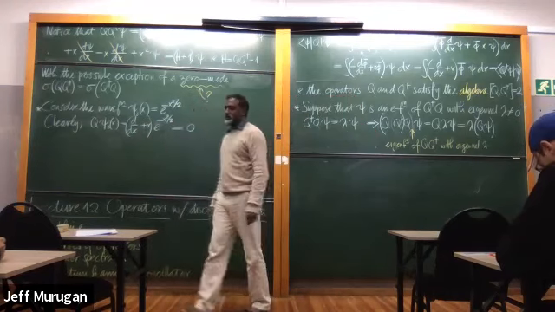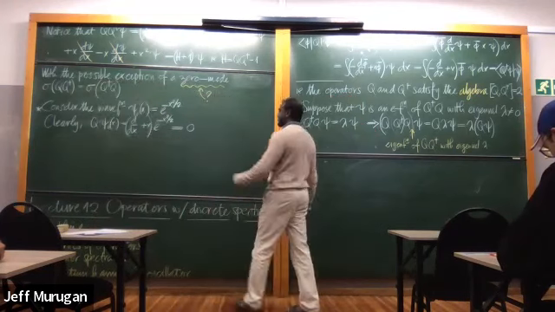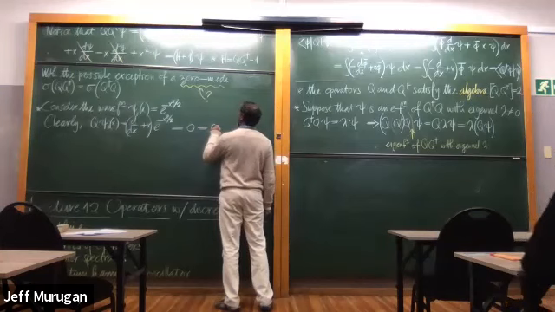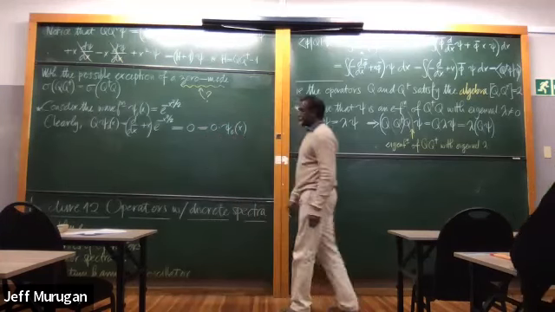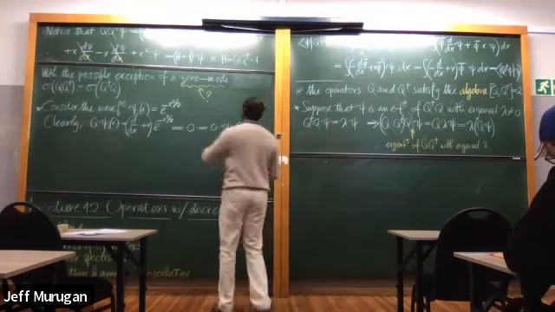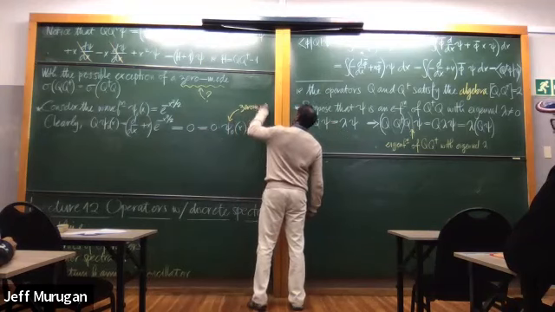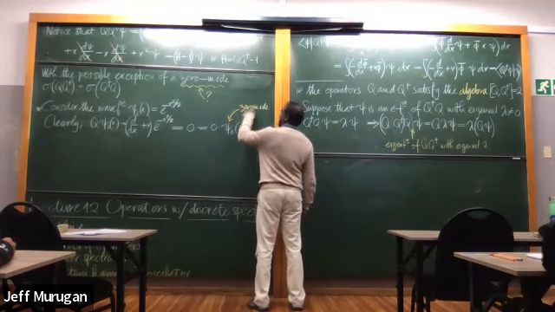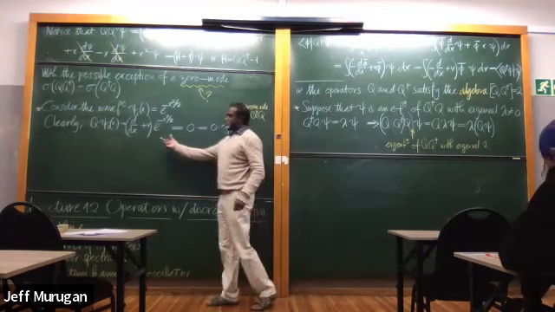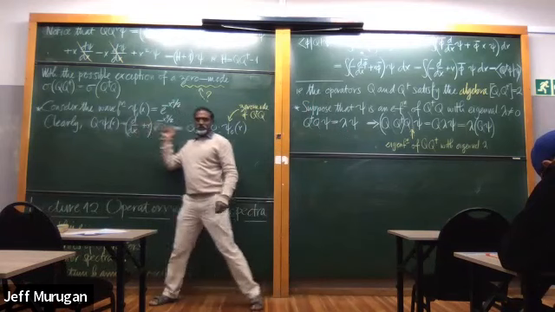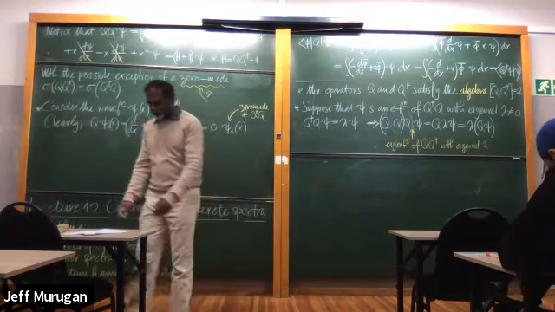So indeed, this is a 0 mode of Q, and so it is a 0 mode of Q dagger Q. That's because if I act with Q on psi naught, I get 0, and if I act again with Q dagger on that, it's 0.